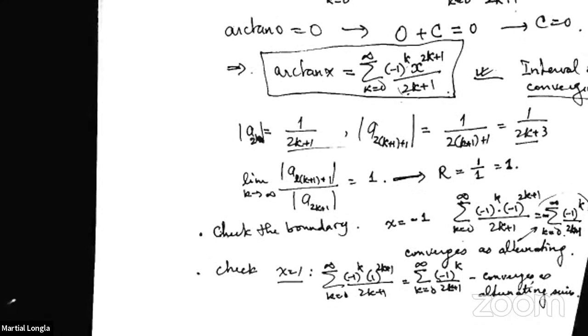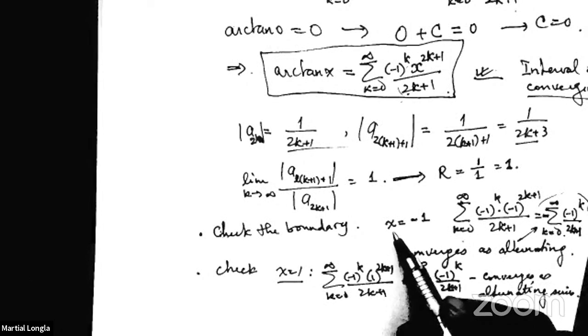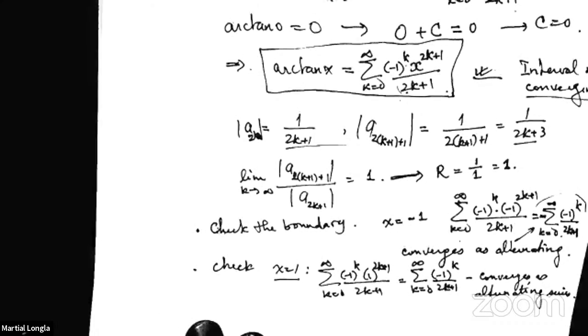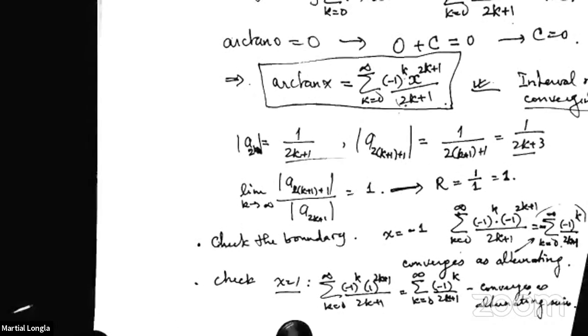And so my question: does this agree with the things that we know about arctangent? This means that arctangent of -1 would be the opposite of arctangent of 1. Is it true? I mean, that's true because arctangent of 1 is pi over 4, right? And arctangent of -1 is negative pi over 4.